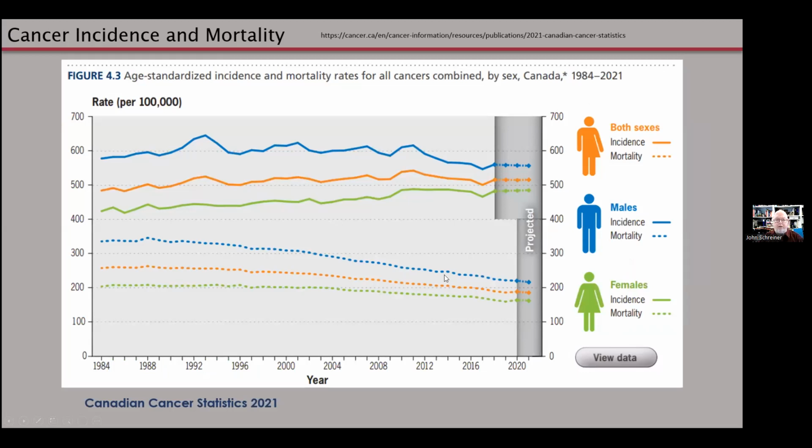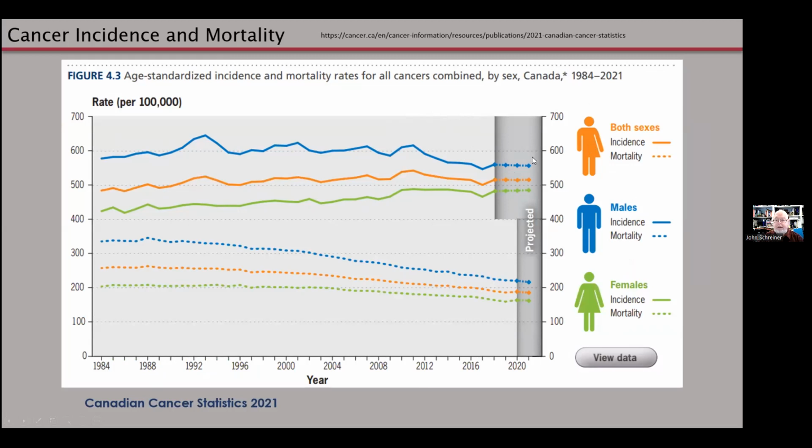In fact, if you look at how cancer has changed, if you look at the incidence, how many people are actually experiencing cancer, you can see that for men and women, the incidence has been relatively flat, perhaps increasing a little bit, mainly because we have gotten better at diagnosing the disease.